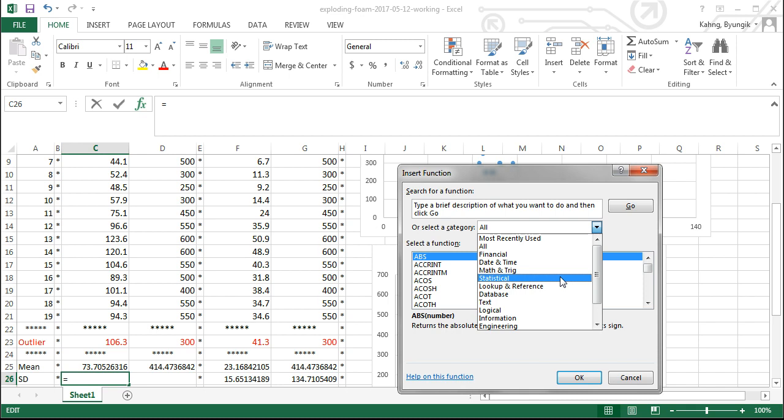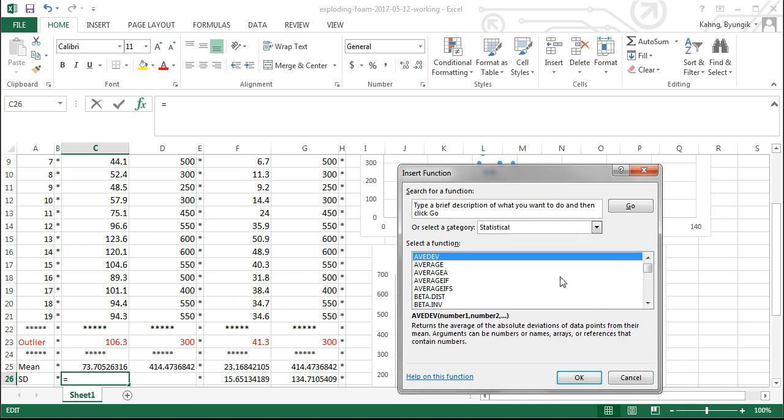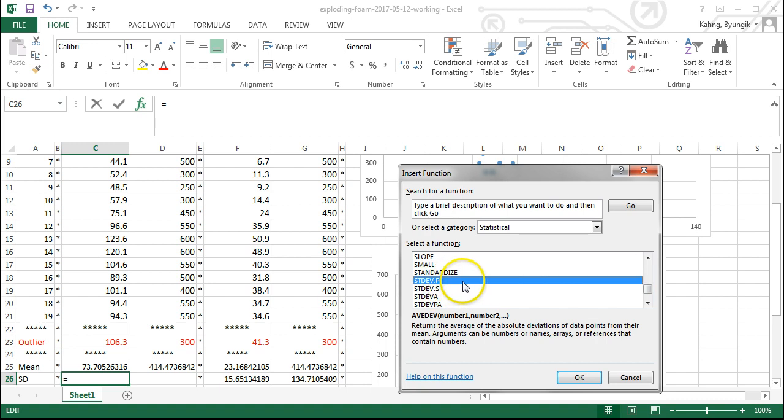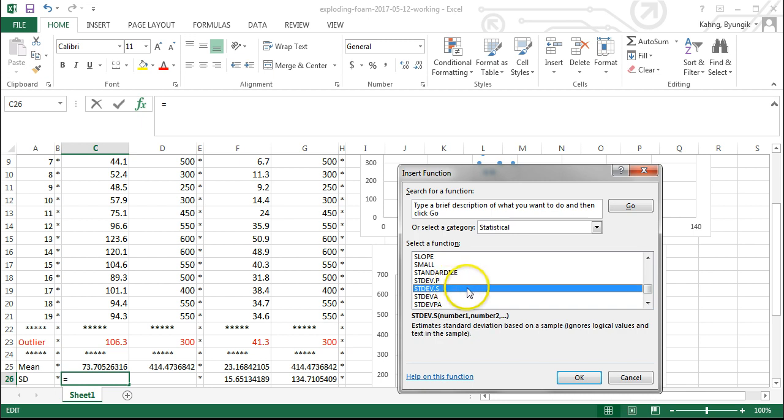Go to statistical, and we have a lot of functions here, and you have to find standard deviation. Go down to S. Here we go. Standard deviation.p, this is population standard deviation. We never use it in 1000 level. Here we go, sample standard deviation. By the way, this absolute standard deviation, we don't use those kind of things either.